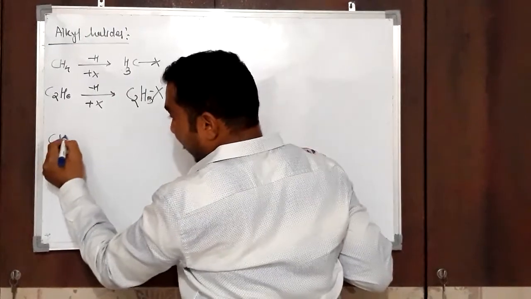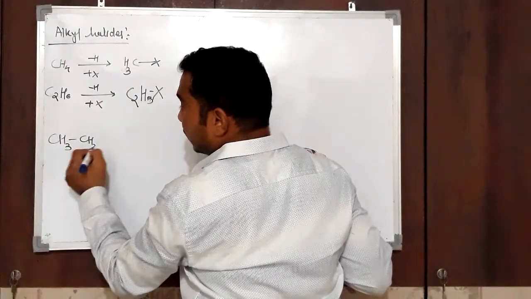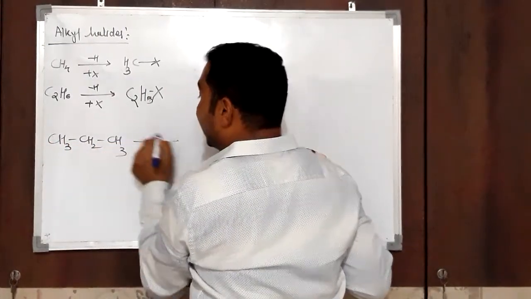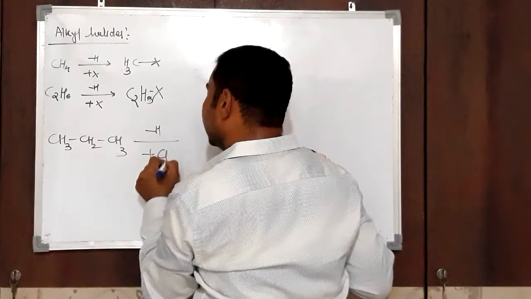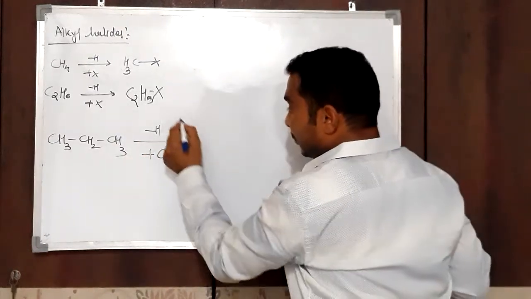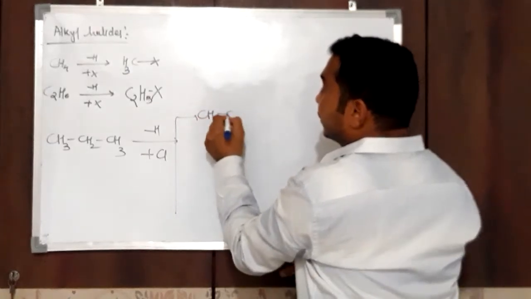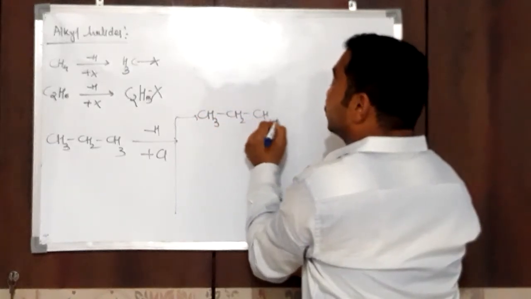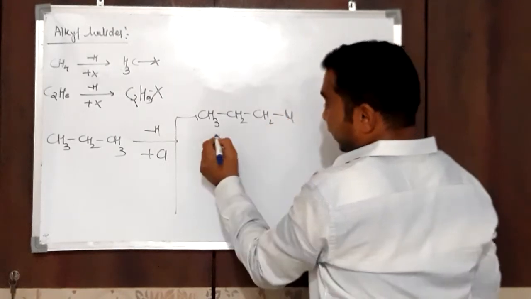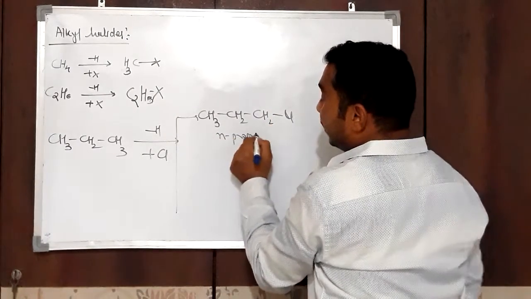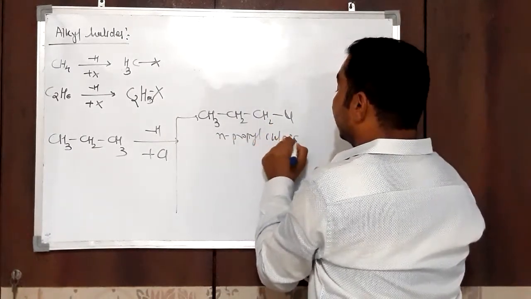Take propane, and remove one hydrogen by, for example, chlorine. Then it will give two types of alkyl halide: CH3CH2CH2Cl, that is n-propyl chloride.